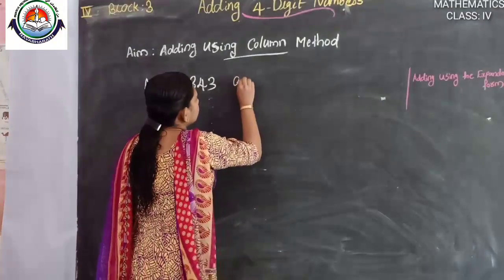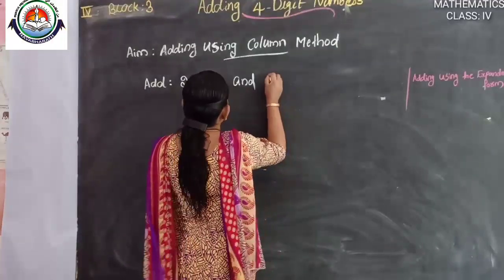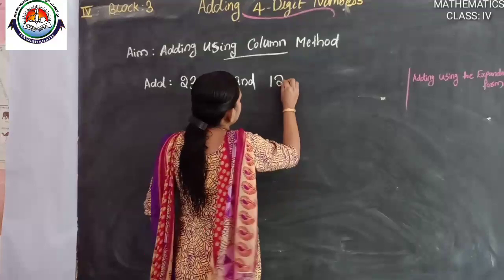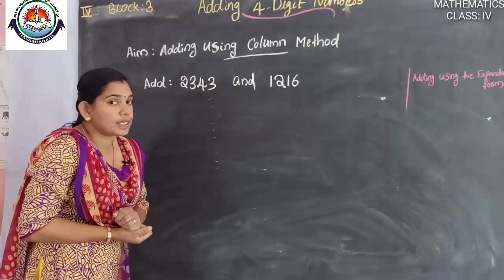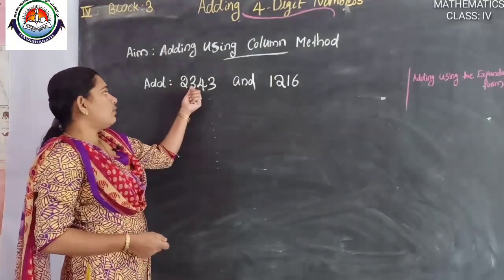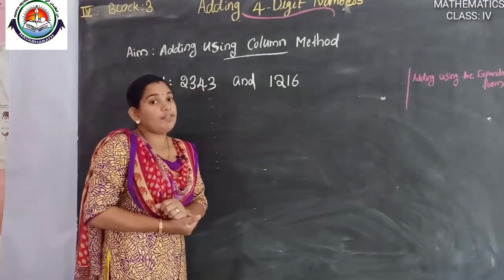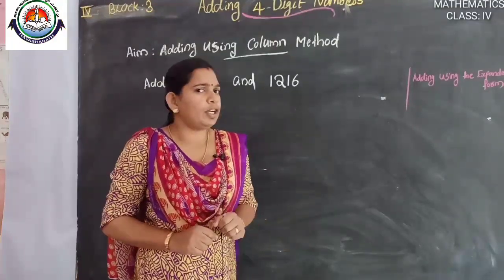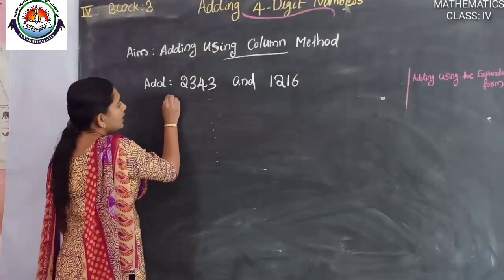And 1216. We want to add 2343 and 1216. Then when we are doing one method, how? Expanded form. How do we do it? First, we expand the numbers. How do we expand?